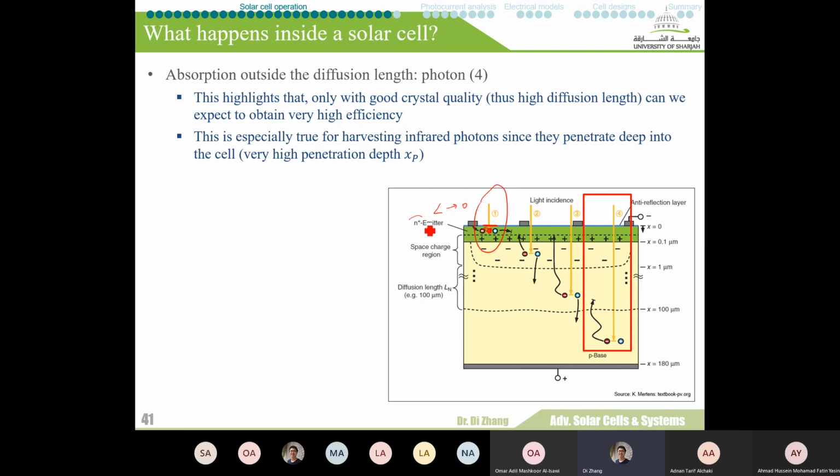Second, here you have a high doping density, so you have a very small diffusion length. So even if it escapes from the front surface, it cannot travel very far in the emitter. So again, it's going to get recombined very quickly. So it depends heavily on the diffusion length here.